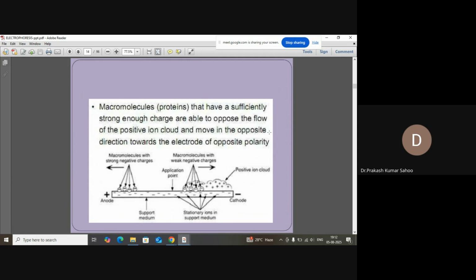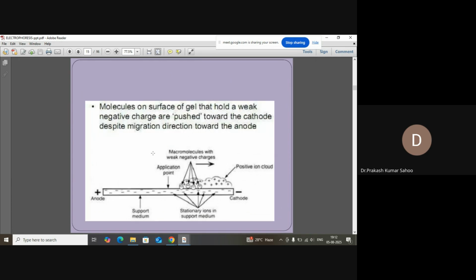So if the macromolecule is there, then the negative charge will move towards the anode and the positive charge will move towards the cathode. Molecules on the surface of the gel that hold a weak negative charge are pushed towards the cathode despite their migration direction being towards the anode.